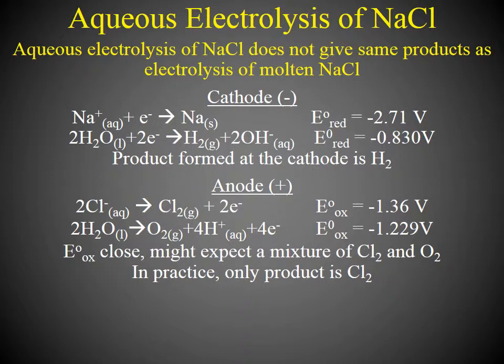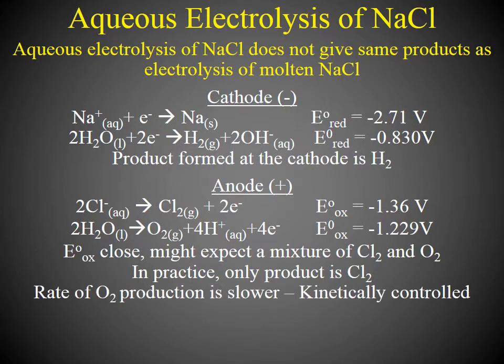Essentially, in practice, only chlorine gets produced, or just about all chlorine gets produced. Why? Because the rate of oxygen production is lower. It's kinetically controlled rather than thermodynamically controlled.